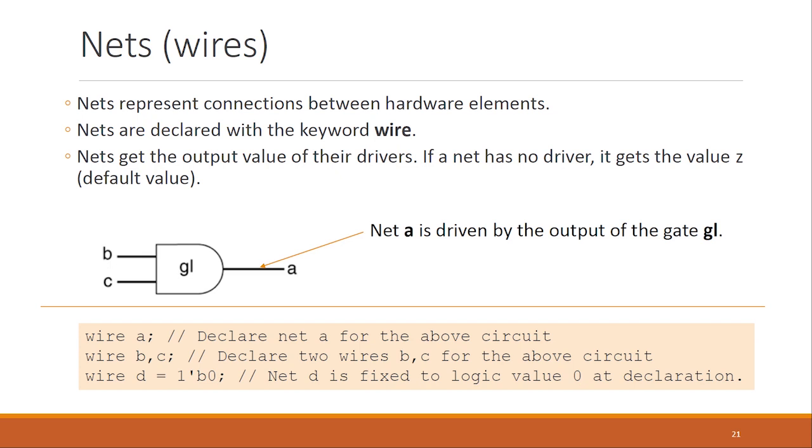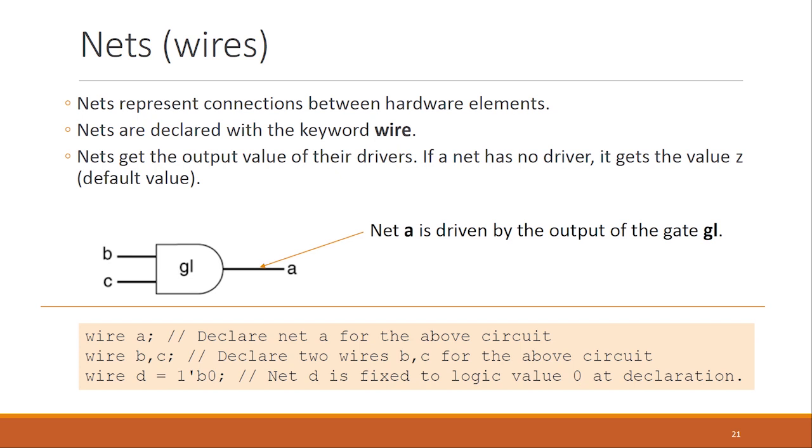There are three wires here, B, C and A. So to these B, C and A wires you will be connecting other components. So you need to define these wires using the keyword wire as given in the example.